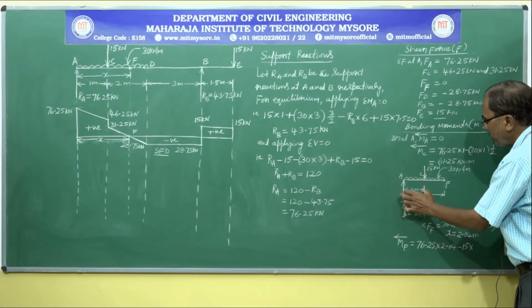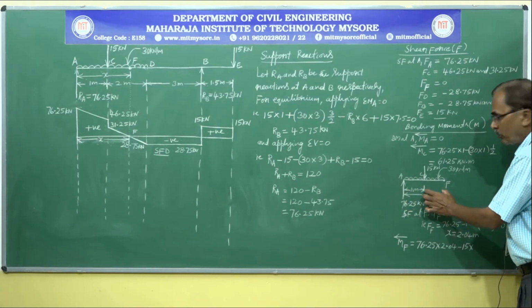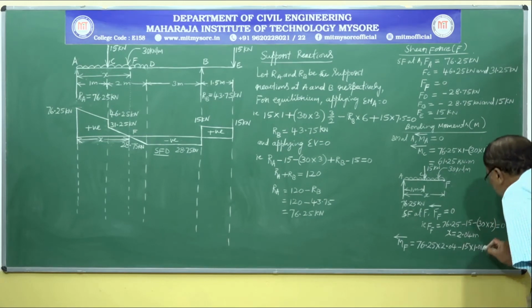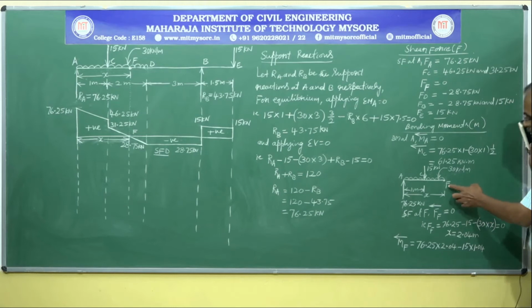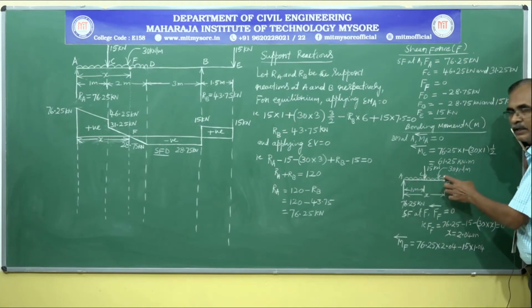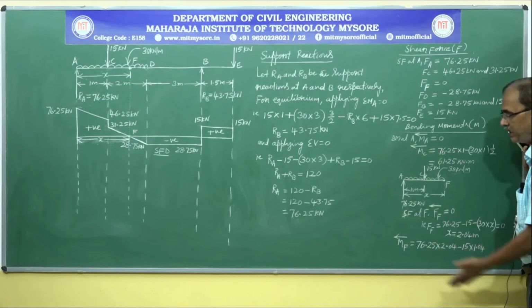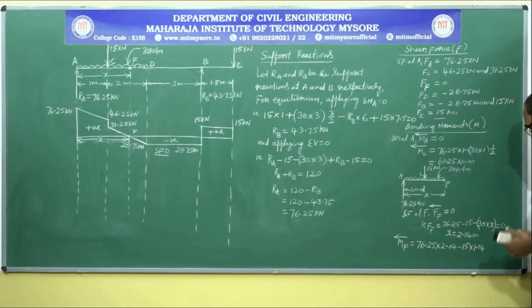From A to C 1 meter, the remaining distance is 1.04, minus 15 into 1.04. Next, consider this UDL. This UDL is also creating anti-clockwise movement to the left of the point, again anti-clockwise is negative, minus 30 into 2.04.